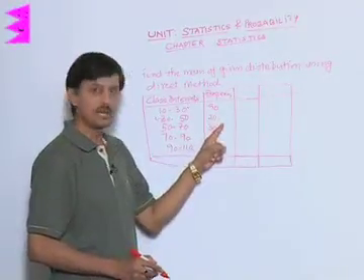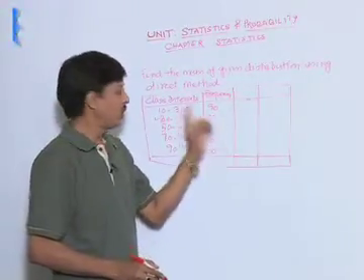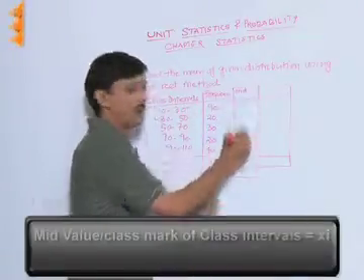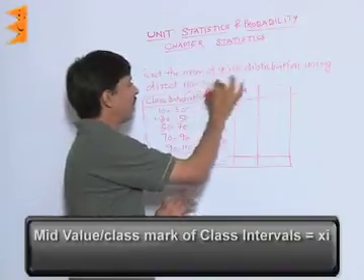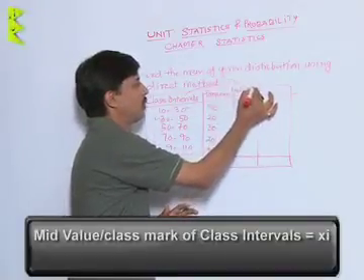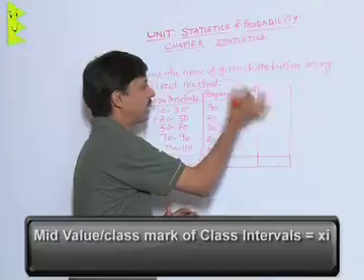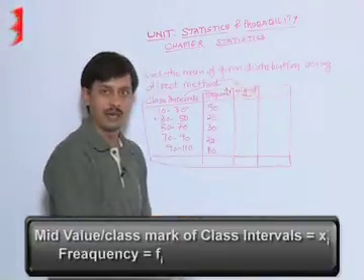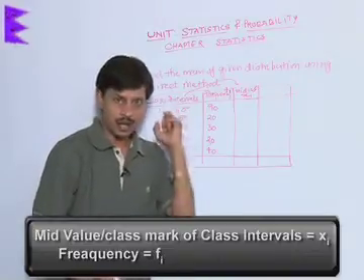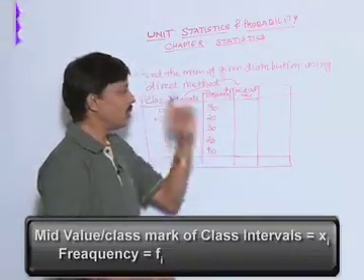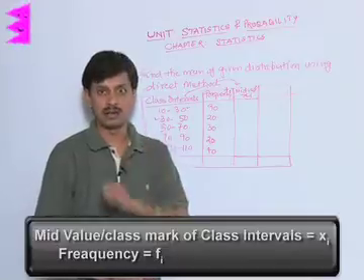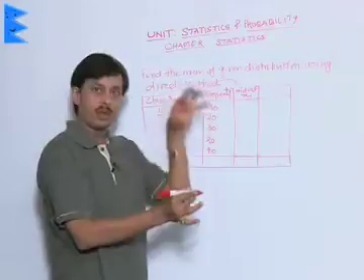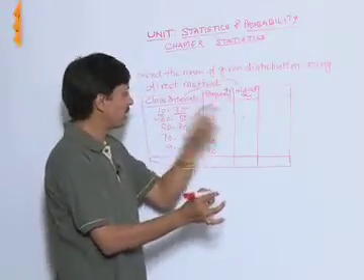To find the mean, we have to calculate the mid value of the class intervals. The mid value is known as xi, and the frequencies are known as fi. The correct technical name of the mid value is class mark. We say lower limit plus upper limit upon 2. So what is the first class mark?